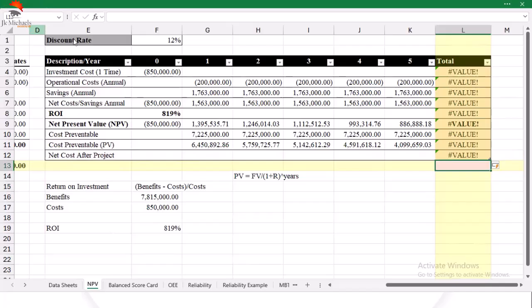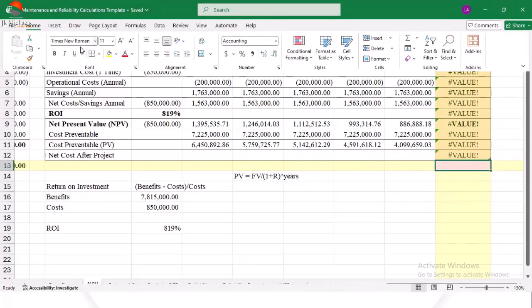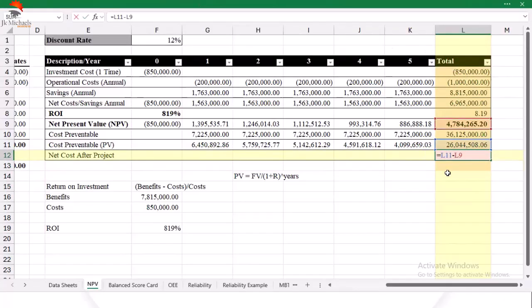So let me undo, Ctrl Z. Okay, I think it has calculated that. So let's take this off. Now, let me put it down here.